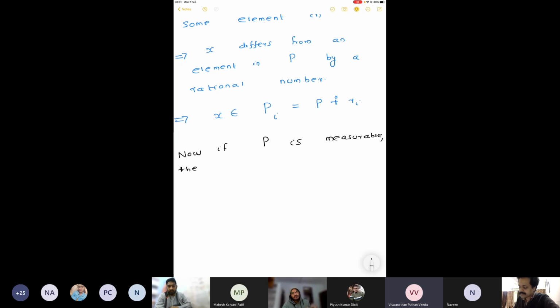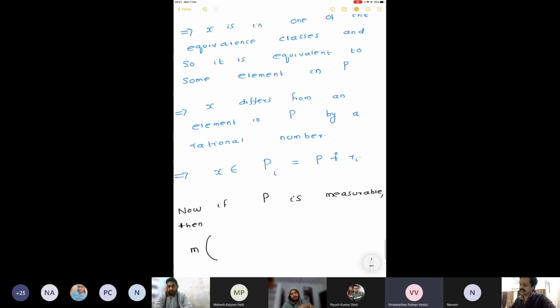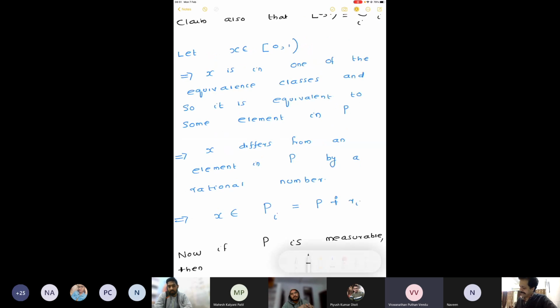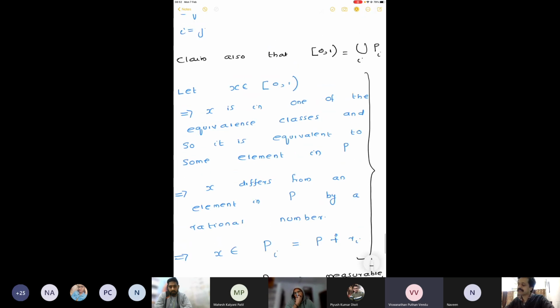Excuse me, sir. x differs from an element in P by a rational number, but P contains one element from each Pi. I told you, that is why I said this may need some thinking. You please do it. This part, I made a clever statement here. This may need a rethinking, and so I will leave this plain. This is the rough idea to prove that closed interval 0, open interval 1 is the union of Pi.